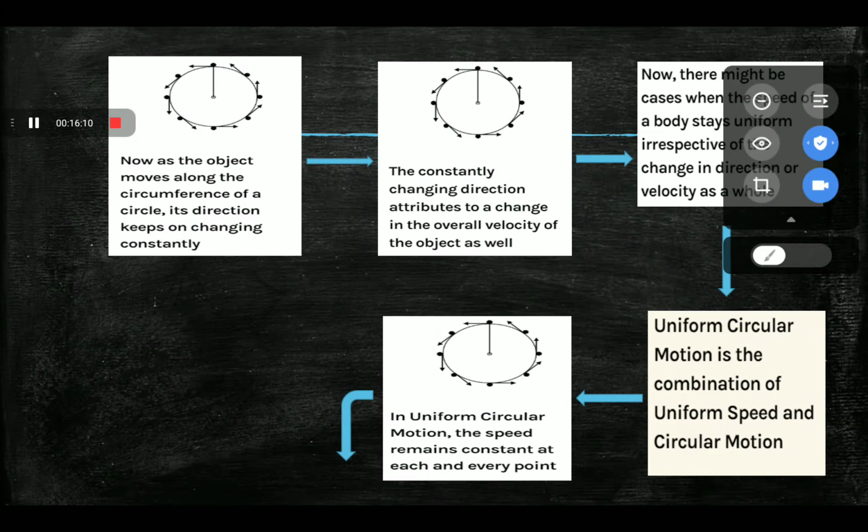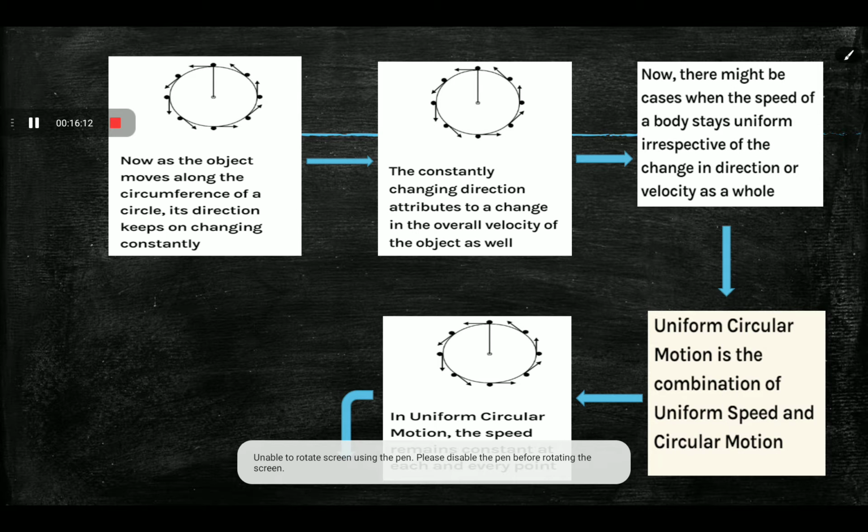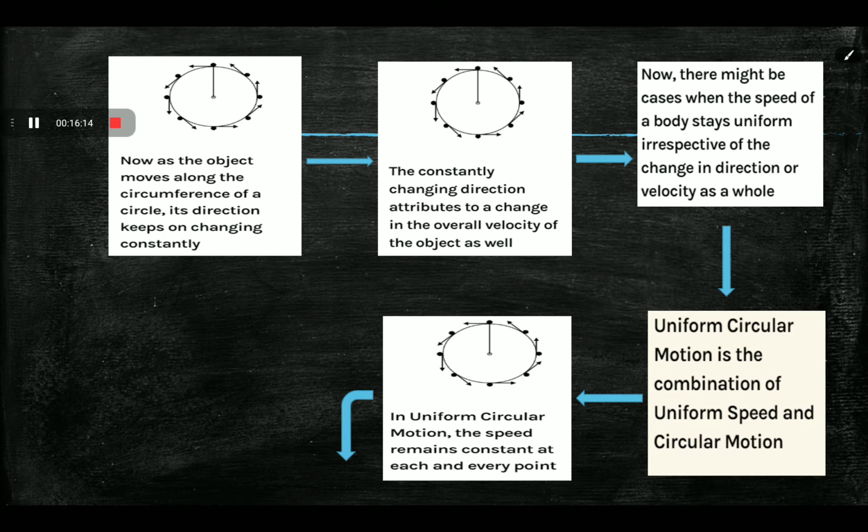Here, in the next slide, the very important point is that as the object moves along the circumference of the circle, its direction keeps on changing constantly. As you can see, there is a circle and the object moves in this way.